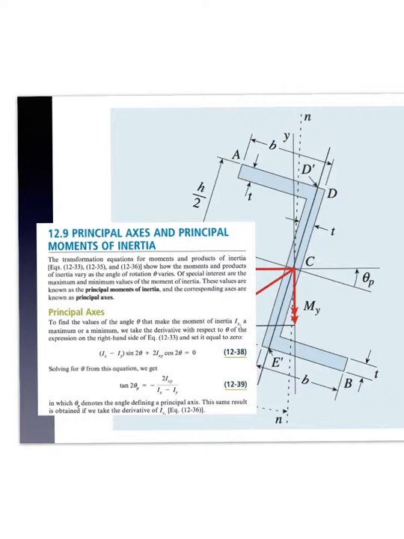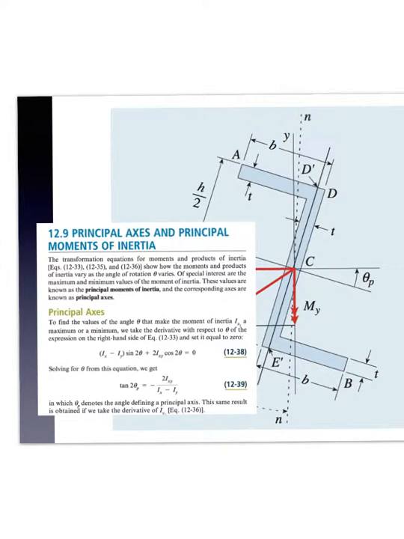Equation 1239 gives the relationship between theta p and the untransformed moments of inertia. So we want to calculate angle theta p, and there is the formula there.